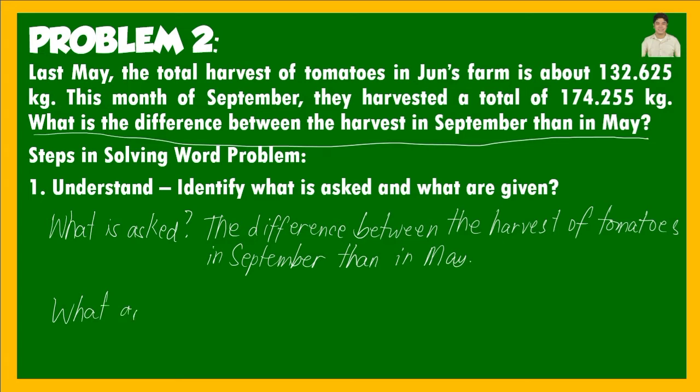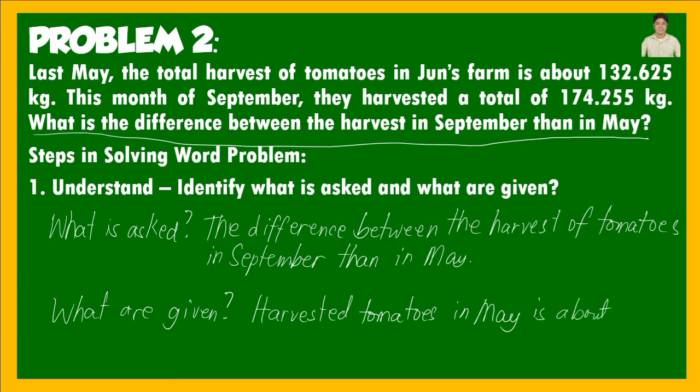So next naman is what are given. So pwede nating ilagay dito, harvested tomatoes in May is about 132.625 kilograms.